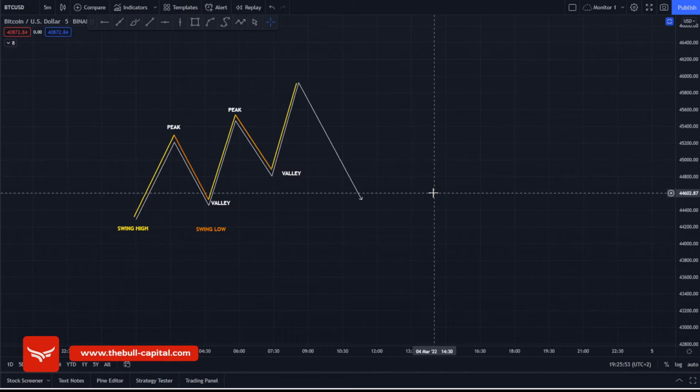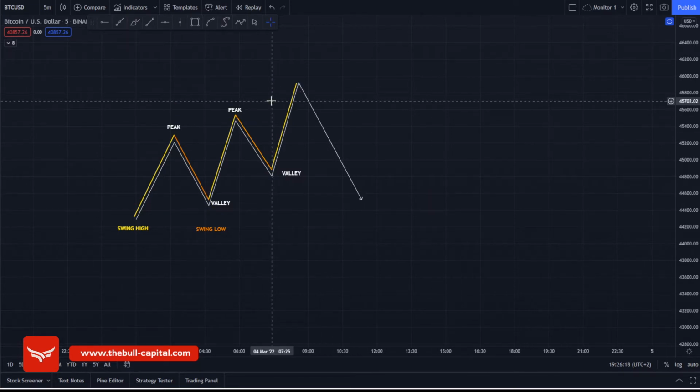But swings are actually the same in every time frame. The only difference is that on some time frames the swings can take longer, and on other time frames the swings can take less.